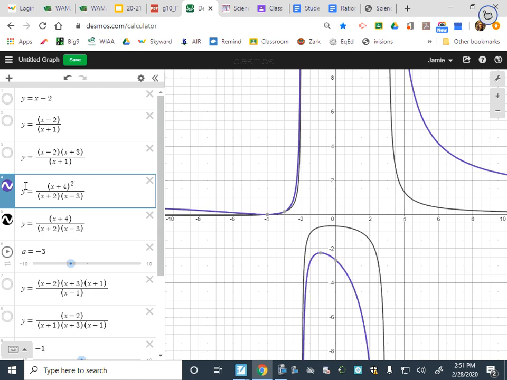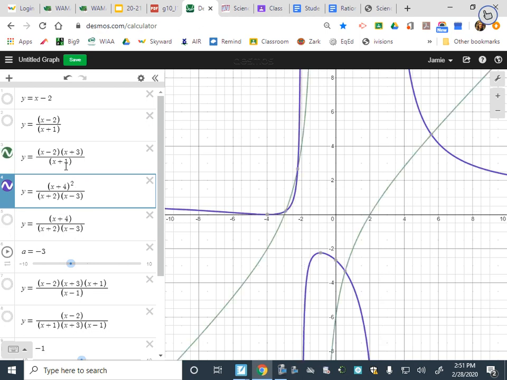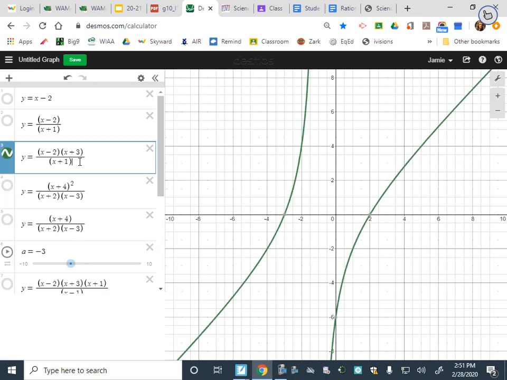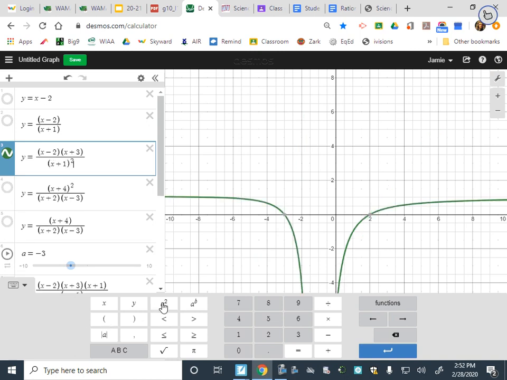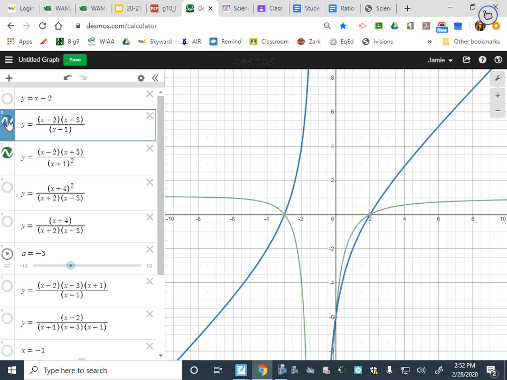Okay. If I came back, let me compare that to what happens if I square this one. So let me see if I can duplicate here. Let's put another x plus 3 on this one. And turn that on. So the blue graph is x minus 2 times x plus 3 over x minus 1.